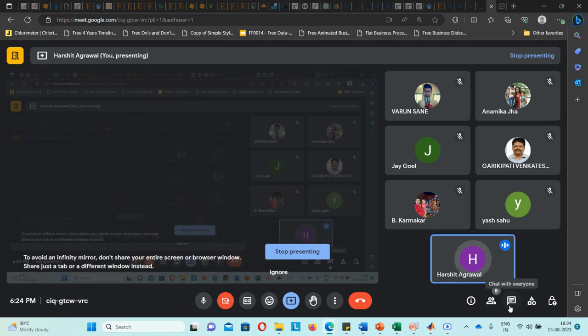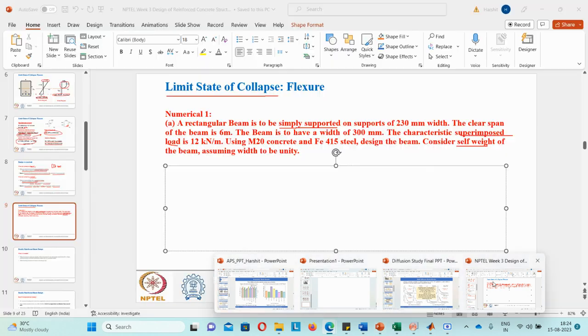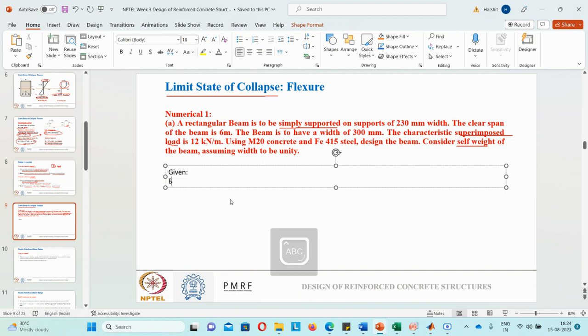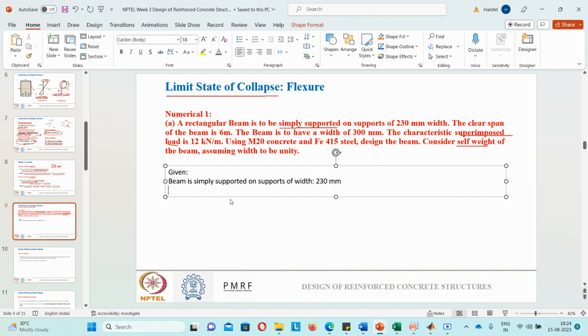So let's see the solution now. Because we need to cover a lot of content, let's move quickly. Now, what is given in the question? First, the beam is simply supported on supports of width 230 mm. Second, the clear span is given as 6 meter.